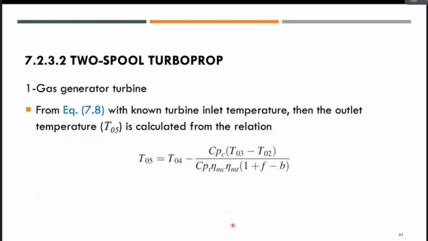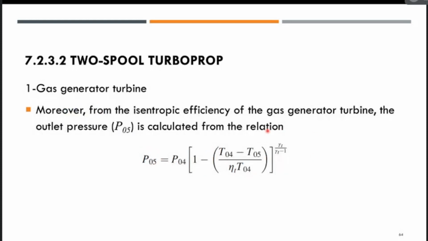Moving into equation 7.8, with known turbine inlet temperature TIT, this is given by T04 over there. Then the outlet temperature T05 can be calculated. Moreover, given the isentropic efficiency of the gas generator turbine, the outlet pressure P05 can be calculated using this expression.